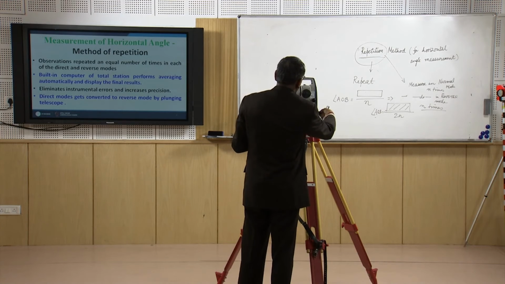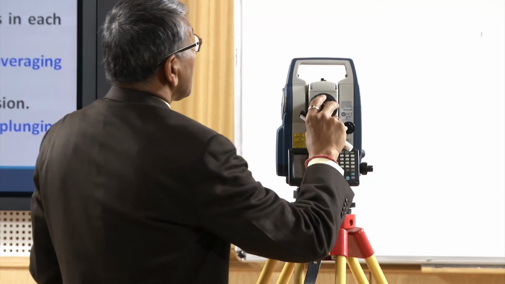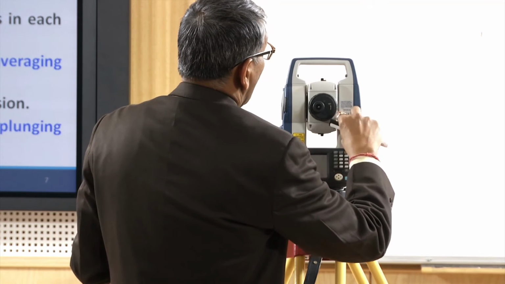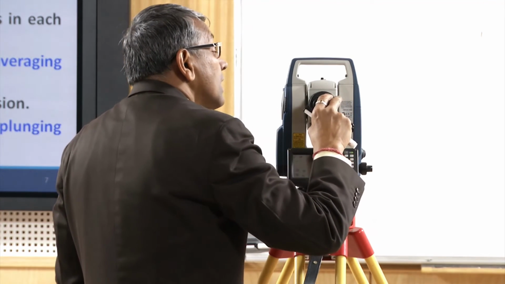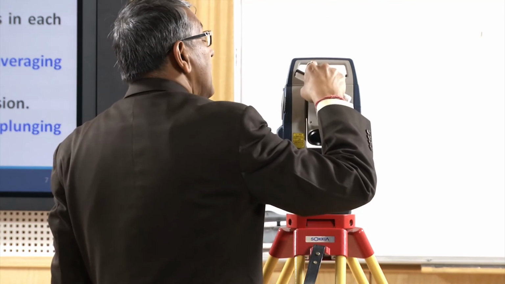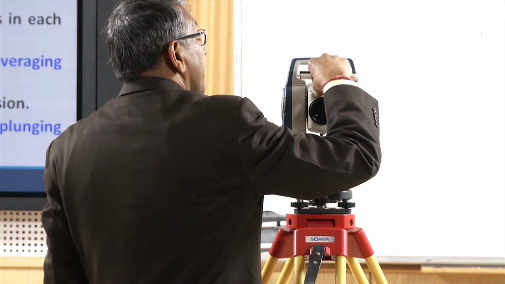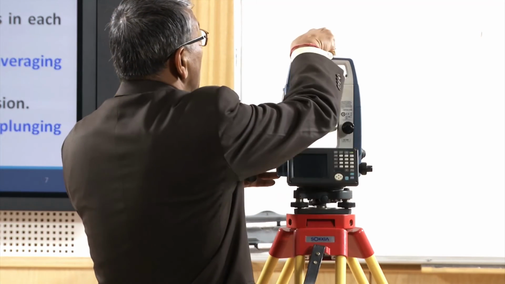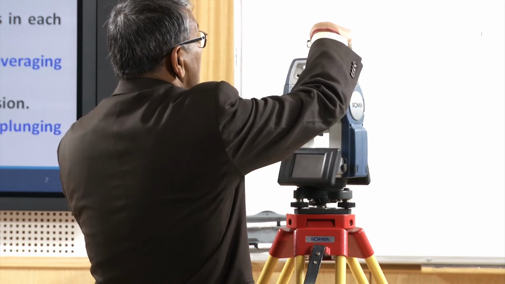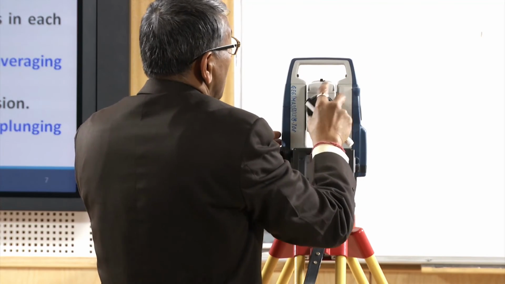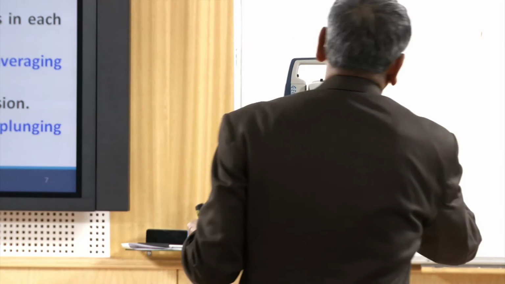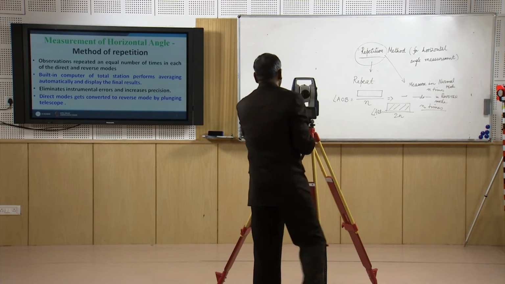Reverse mode is by rotating the telescope by 180 degree about its horizontal axis and again 180 degree about the vertical axis, we will have this arrangement, and that is called reverse mode.